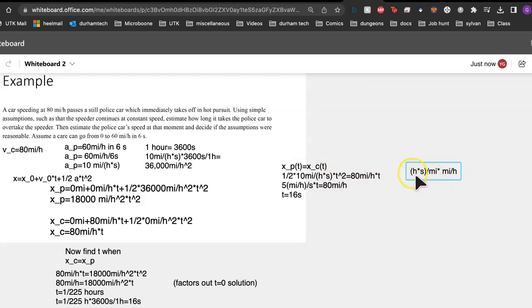So we will see the hours will cancel, the miles will cancel. So miles on top here, bottom here, hours on top here, bottom here, leaving us only with seconds. And we arrive much more elegantly at t is equal to 16 seconds.